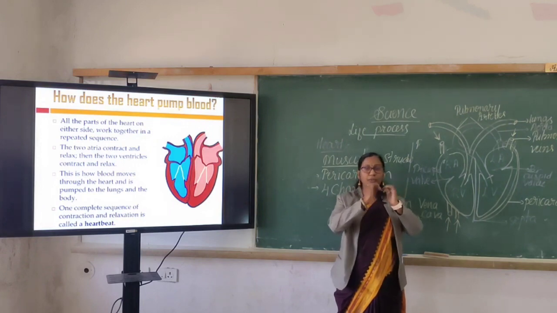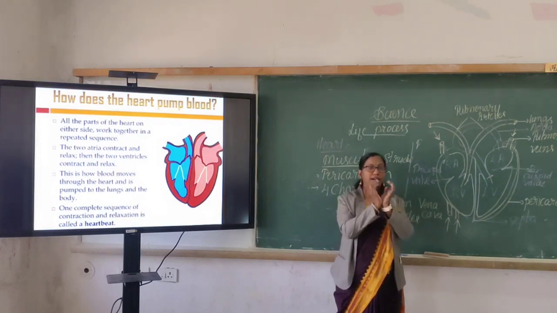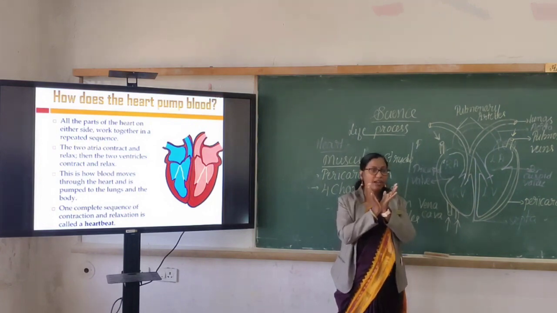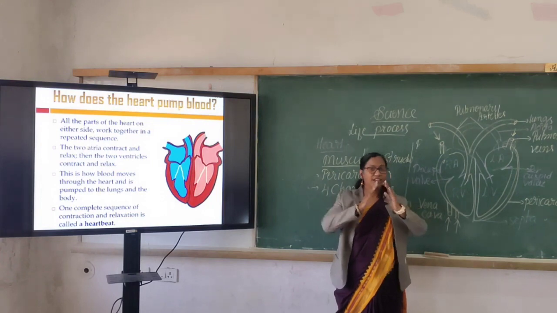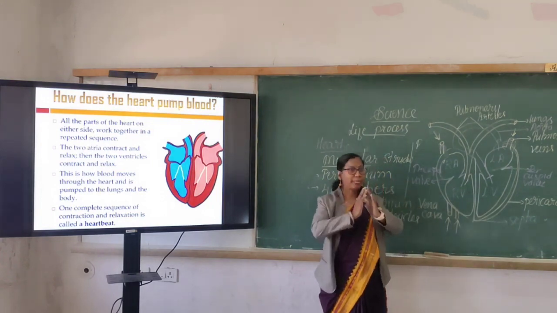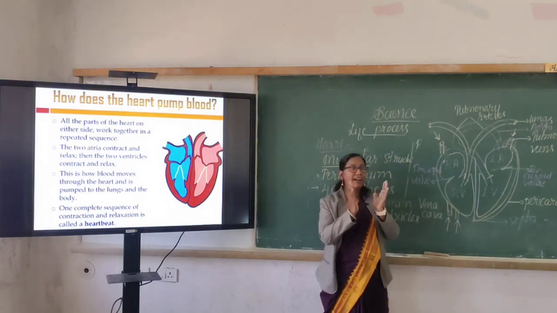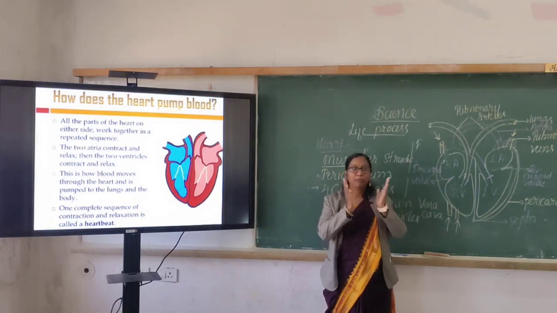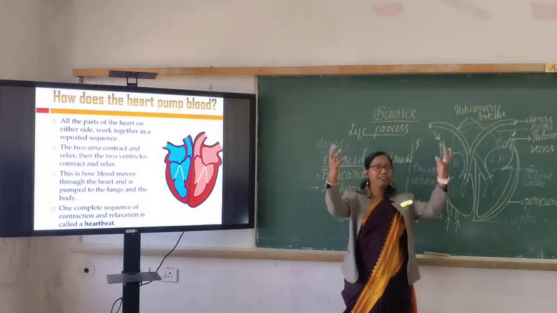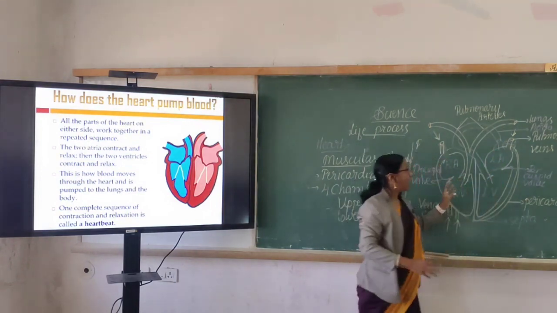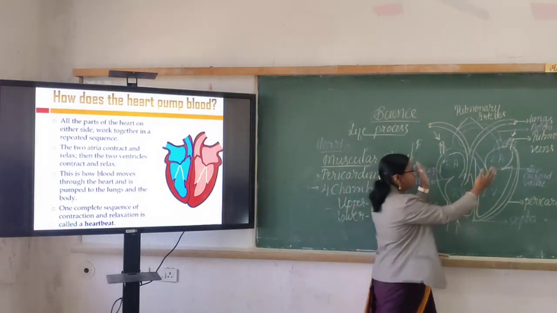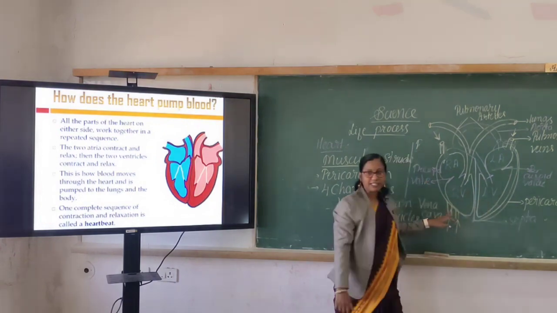So how does it work? Upper chambers relax, lower chambers contract. Then upper chambers contract, lower chambers relax. So this is how they keep contracting and relaxing, so that whenever they open, the blood enters into the heart, and then is pushed towards the ventricles.